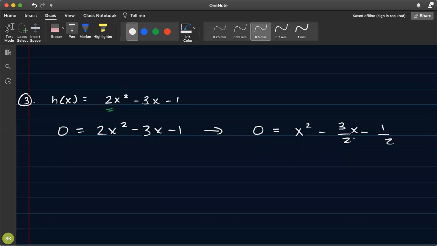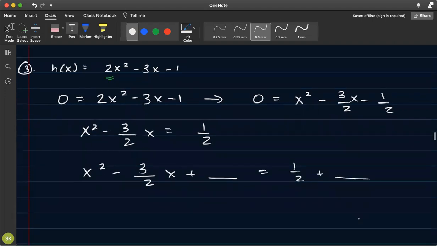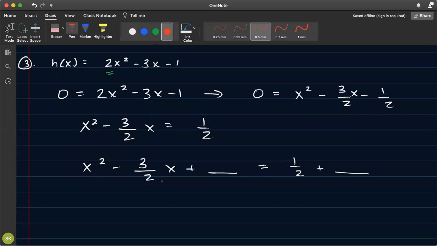So we're going to move the 1/2 to the other side. So we get a positive 1/2, and then we just put a plus blank and a plus blank. And then we take this guy here, this negative 3/2, and divide by 2 and square it, and do the same thing on this side.